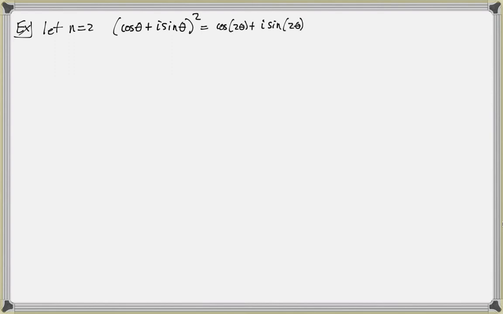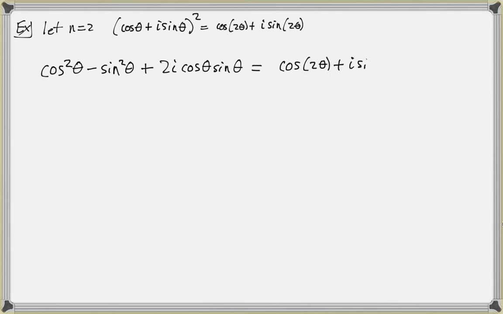So when I multiply out the left-hand side of this expression, I will get cosine squared of theta minus sine squared of theta plus 2i cosine theta sine theta. And that will equal the complex number cosine of 2 theta plus i sine of 2 theta.